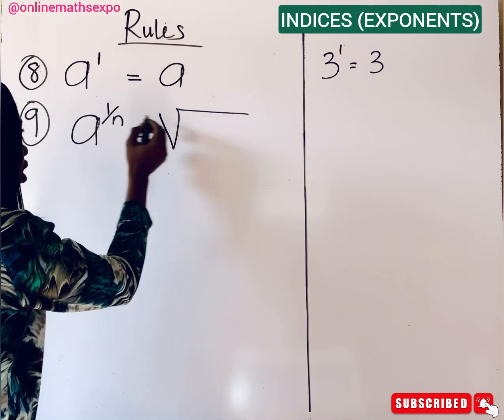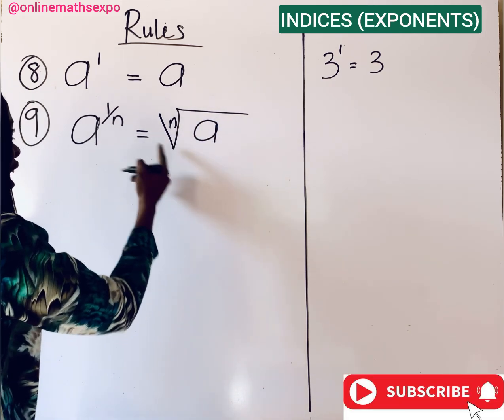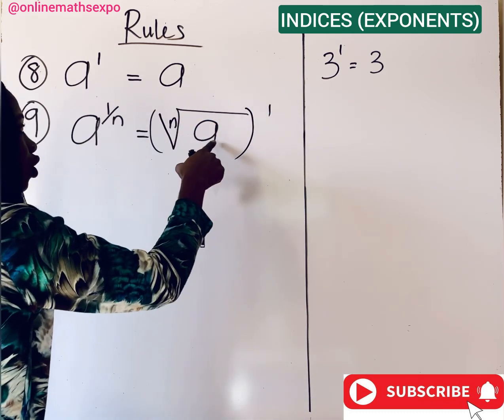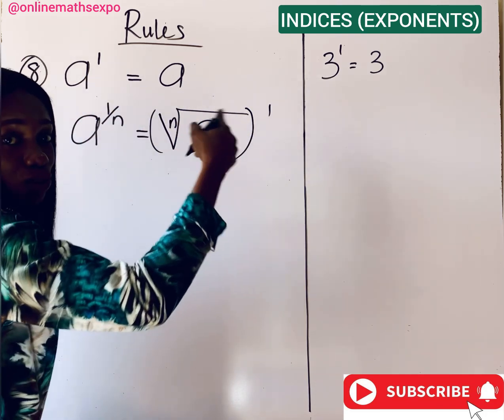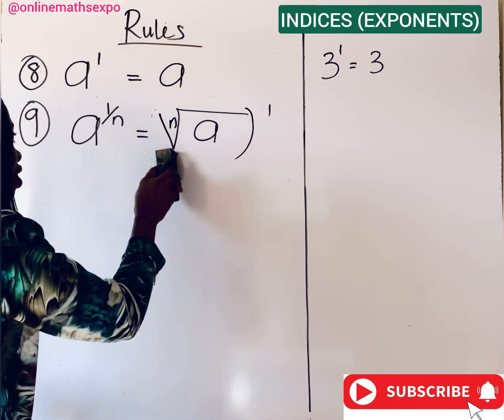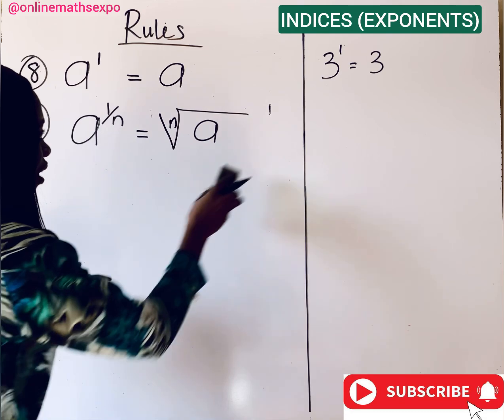Then put this a inside. And this one, you raise it to the power of this. You know we have said here that when you raise a number to the power of 1, it returns you to that number. So invariably, when you have this, it is just the same as this. I hope that is clear.